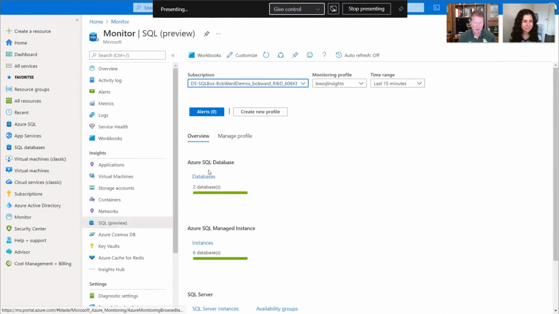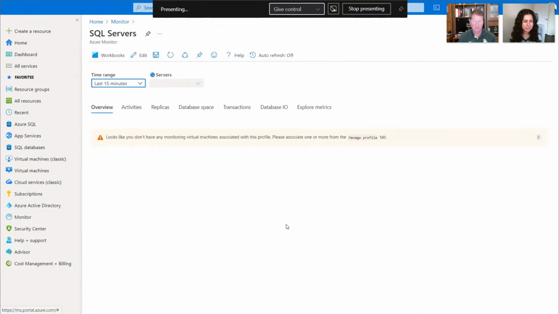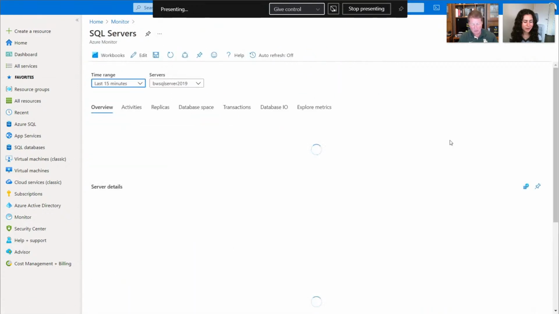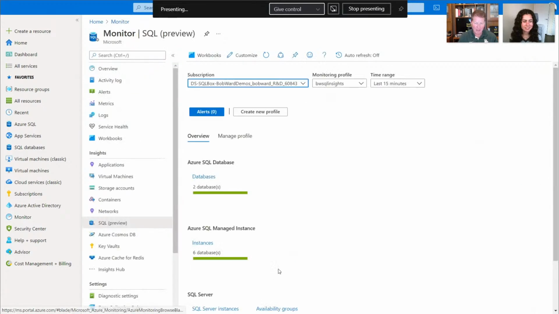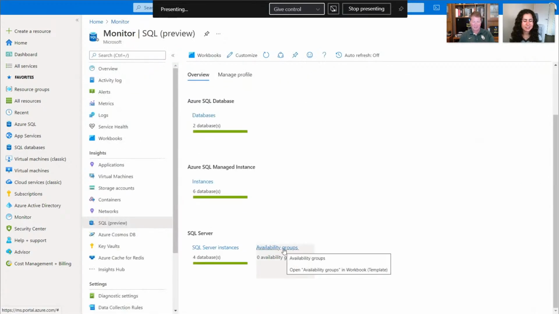And then it goes further. How about SQL Server on an Azure VM? I can do that too. And if I want, and I haven't set this up yet, I can do the read replicas of my availability groups as well, all in a single profile, all from a virtual machine that's monitored using Telegraf. How about that? That's pretty cool.